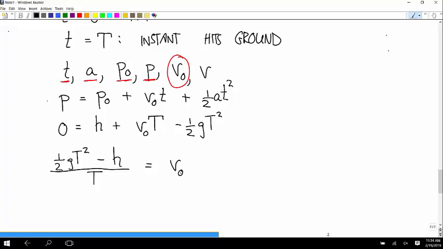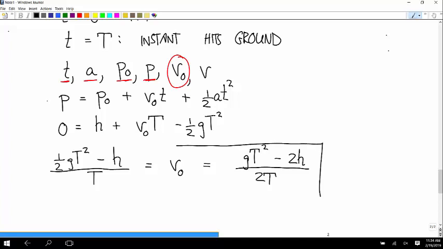You can simplify that a little bit. So let's write that as g T squared minus 2h all over 2T. Any questions about that?